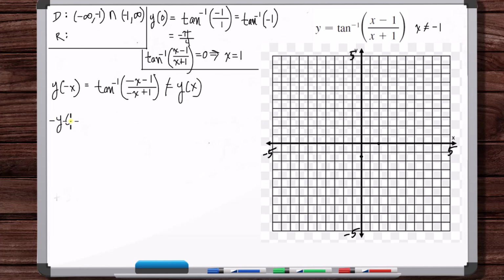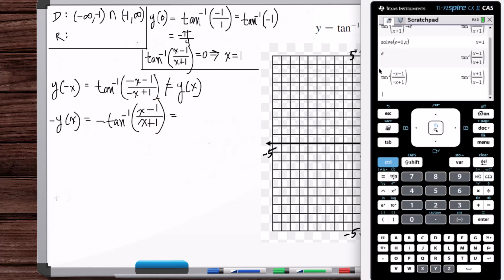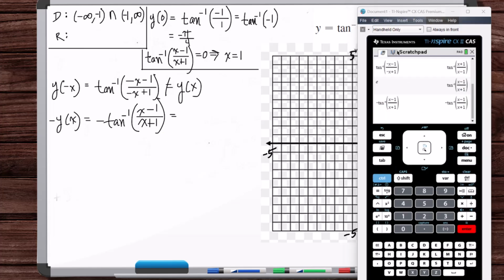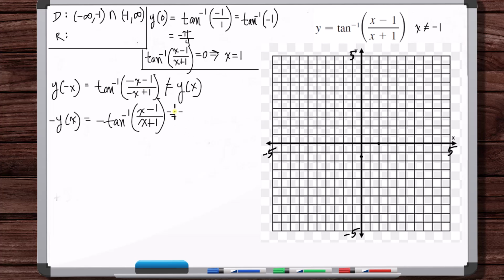Now minus y of x, does this simplify to something? I don't think so. No. So this is not equal to y of minus x, so it's not an even or an odd function.